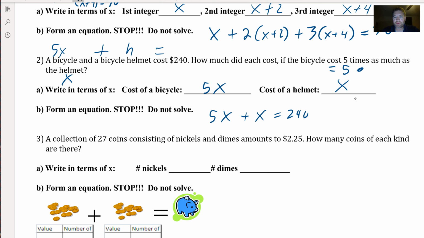It also gives you a location to plug it in. So if we get for our answer x is 7, then we would know that's 7, and that's 5 times 7. It also tells us our answer. So let's say the cost of the bicycle is 35. Cost of a helmet is 7. It's not 7 because we didn't actually solve it, but there you go.